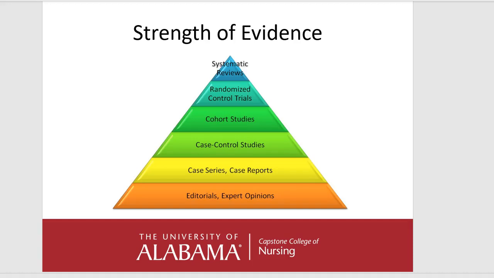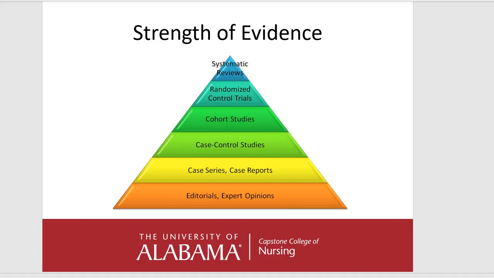Another concept that you'll be learning about in this module will be the strength of evidence. And there are a lot of pyramids out there that exist. You may have seen this before, where we actually consider research and the content within publications, published research, published abstracts, papers, etc., where we consider the strength of that evidence. So was it written and reviewed by others?